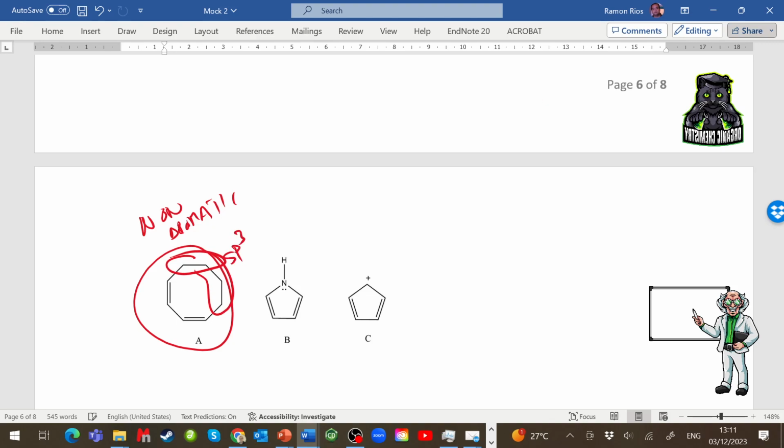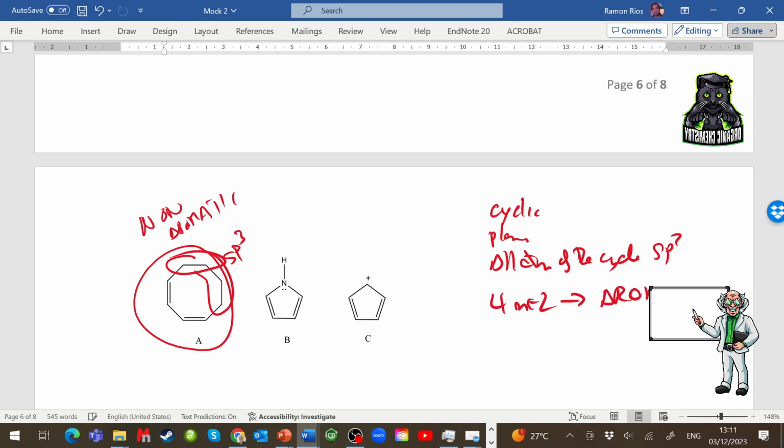Remember that the Hückel rules are: cyclic, planar, all atoms of the cycle sp2, and 4n plus 2 electrons is aromatic, 4n is antiaromatic. That means this simply doesn't follow the rule that all atoms of the cycle have to be sp2.